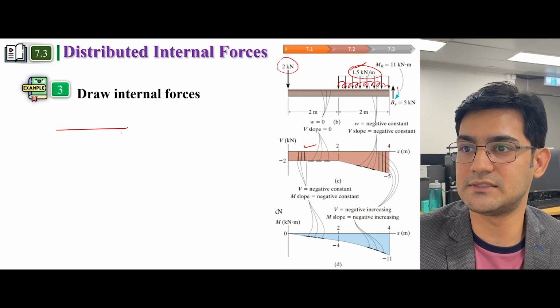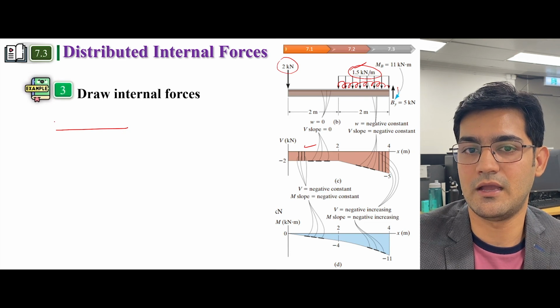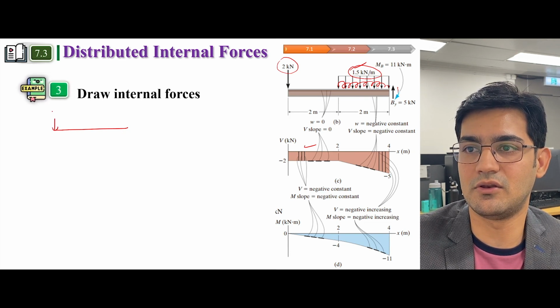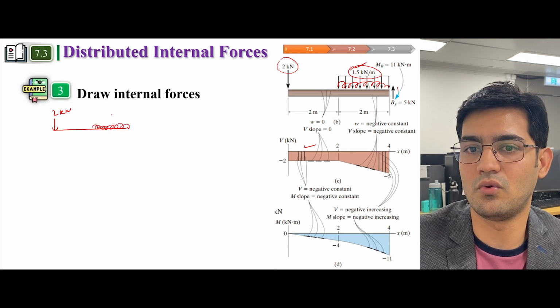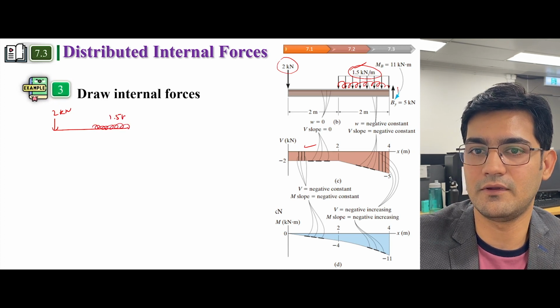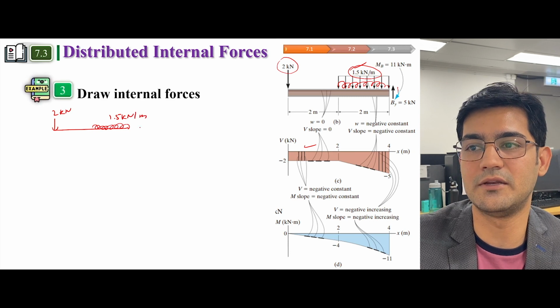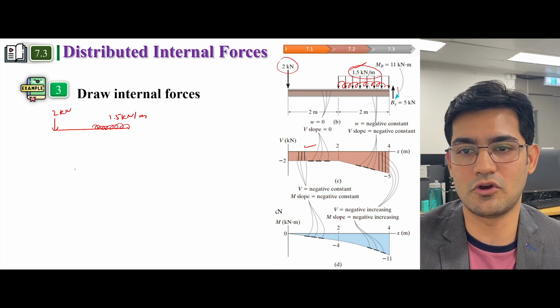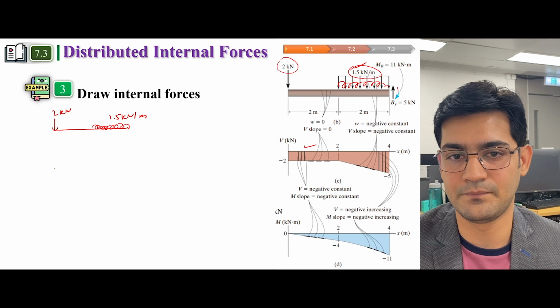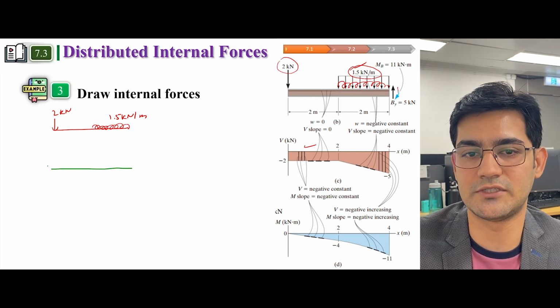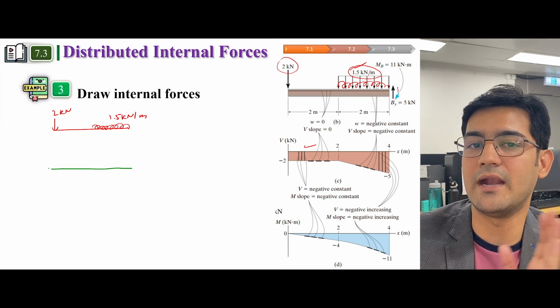This is a beam and it has an external load of 2 kilonewton and a distributed load of 1.5 kilonewton per meter. So how to draw a shear force diagram? Let's just draw a shear force diagram. We just have to keep on adding the forces.